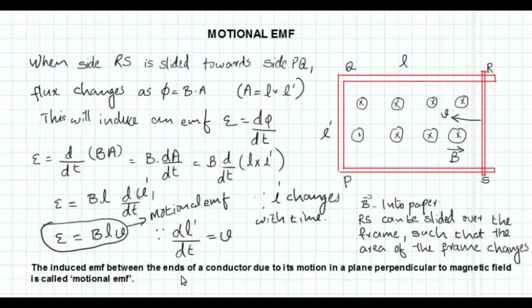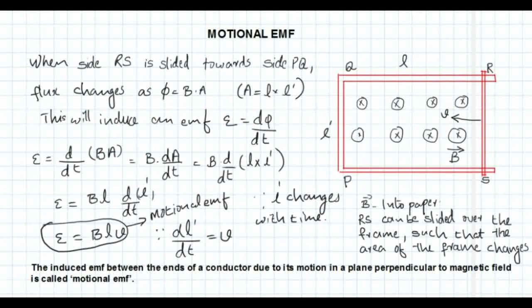So the induced EMF between the ends of RS due to its motion in a plane perpendicular to the magnetic field. It is moved in a plane that is perpendicular to the direction of magnetic field, right? That is called motional EMF. So that is the definition of motional EMF: the induced EMF between the ends of a conductor due to its motion in a plane perpendicular to magnetic field is called motional EMF.